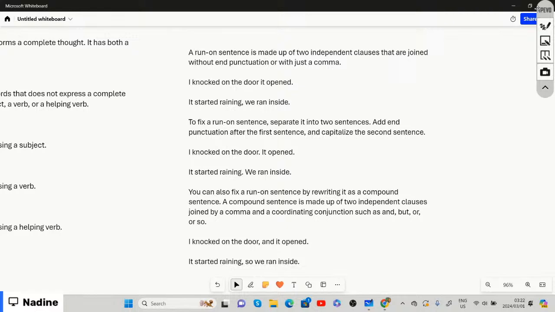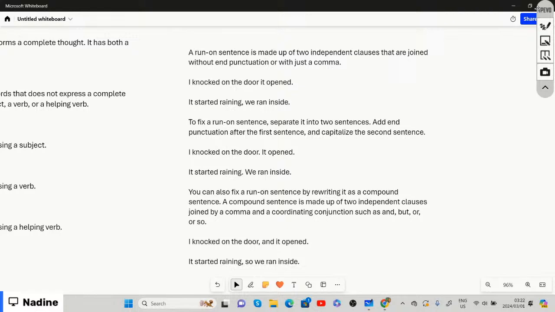And then lastly, we have a run-on sentence. And we said a run-on sentence is made up of two independent clauses that are joined without an end punctuation, or it is just joined by a comma. And there are different ways in which we can fix a run-on sentence. We can fix it by separating the two sentences, then we add the end punctuation after the first sentence and capitalize the second sentence.